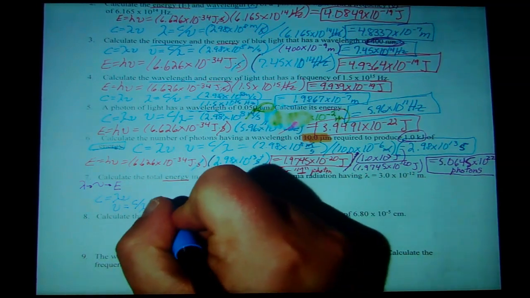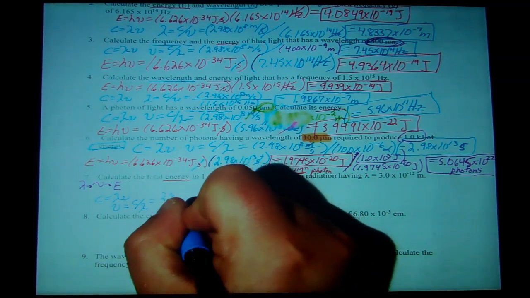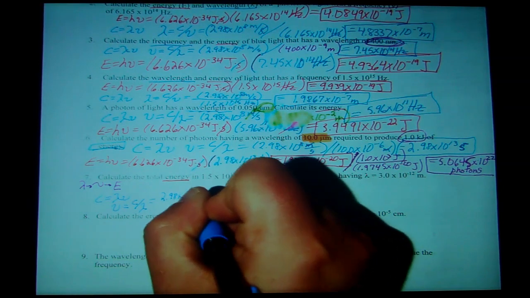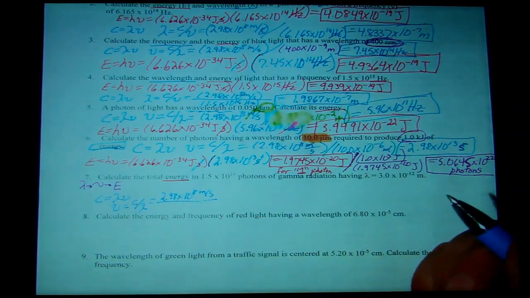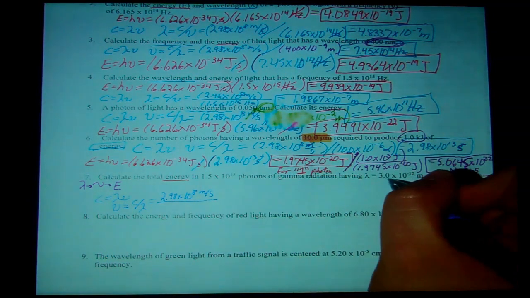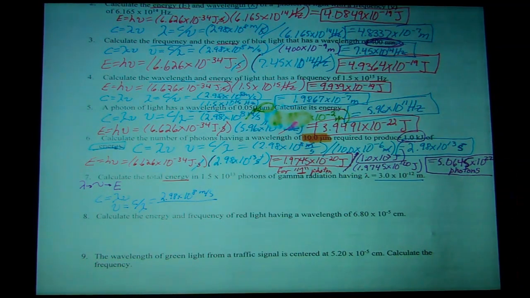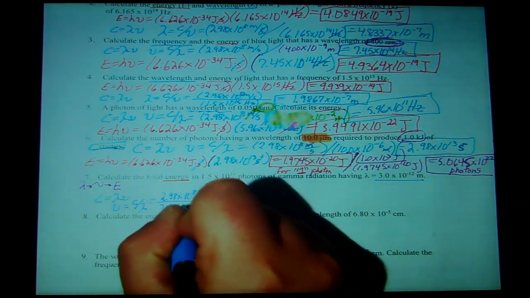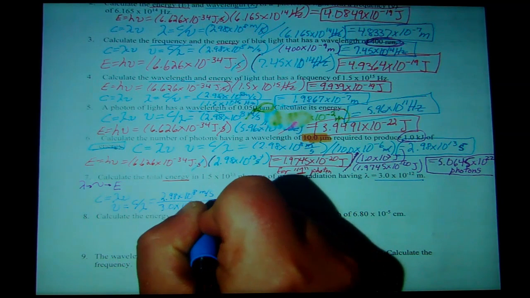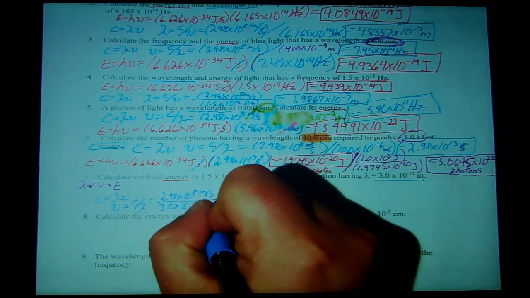So speed of light is a constant, 2.98 times 10 to the 8 meters per second, divided by wavelength, which our problem gave us as 3.0 times 10 to the negative 12 meters.